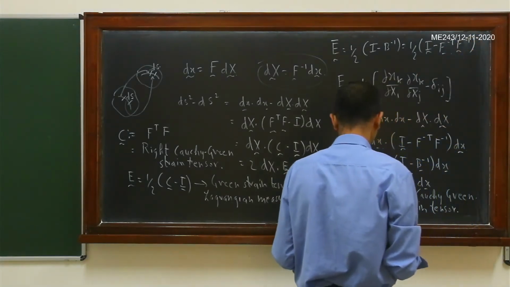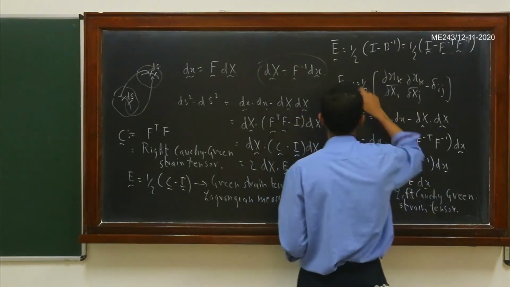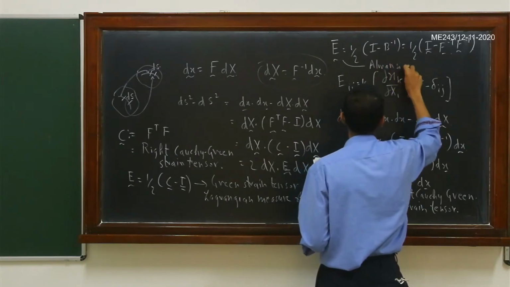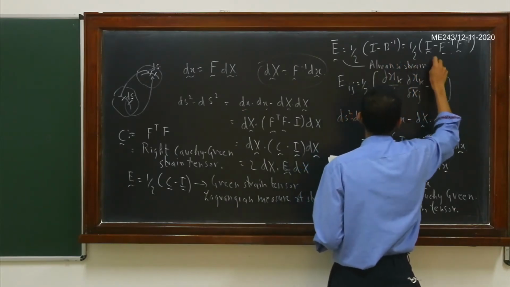This E bar is known as the Almansi strain tensor.